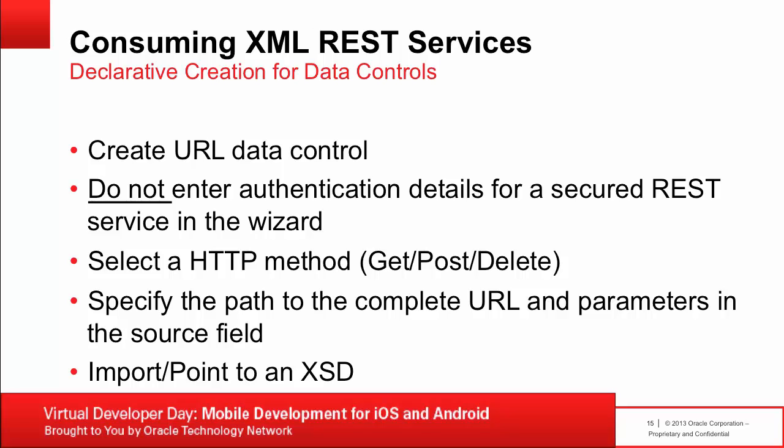You will need to select an HTTP method for the REST service. Also, you can specify the path to complete the URL and parameters in the source field. The parameter can be set when the data control is invoked. You also need to point to an XSD file that describes the REST XML data structure.